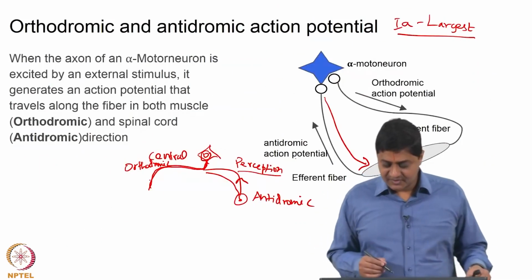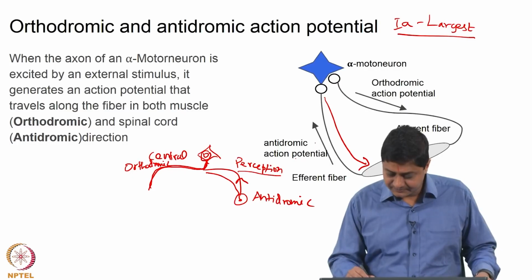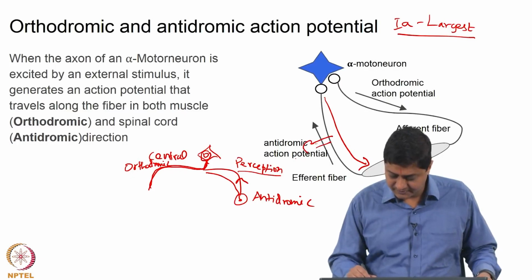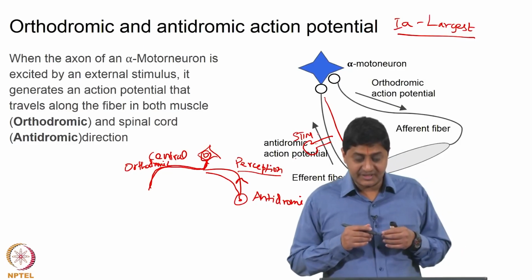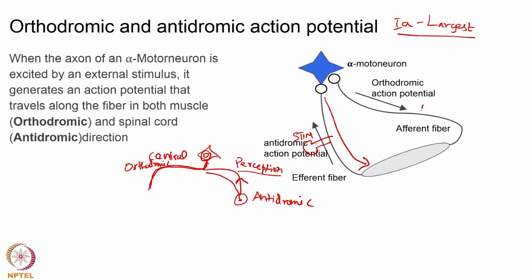What happens is, I am stimulating here at this point, stimulation is applied at that point. Okay. I said the first ones to get activated are these 1A afferents. This is the alpha motor neuron, this is the motor neuronal axon.